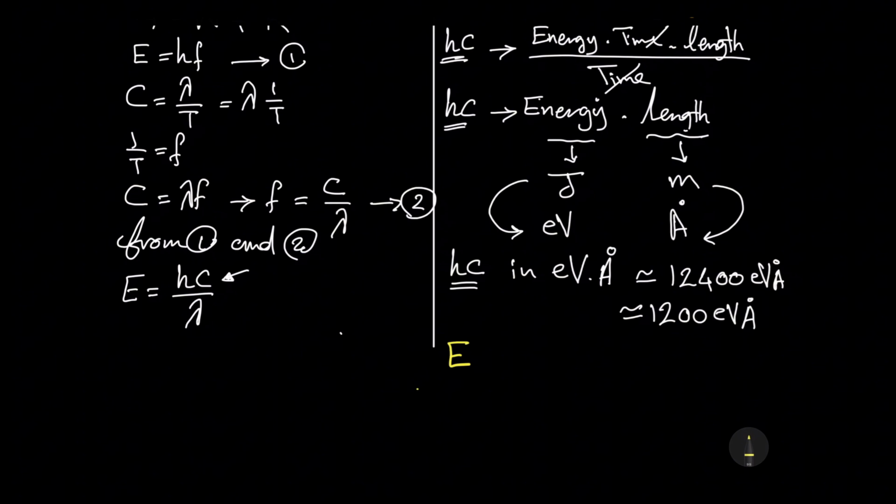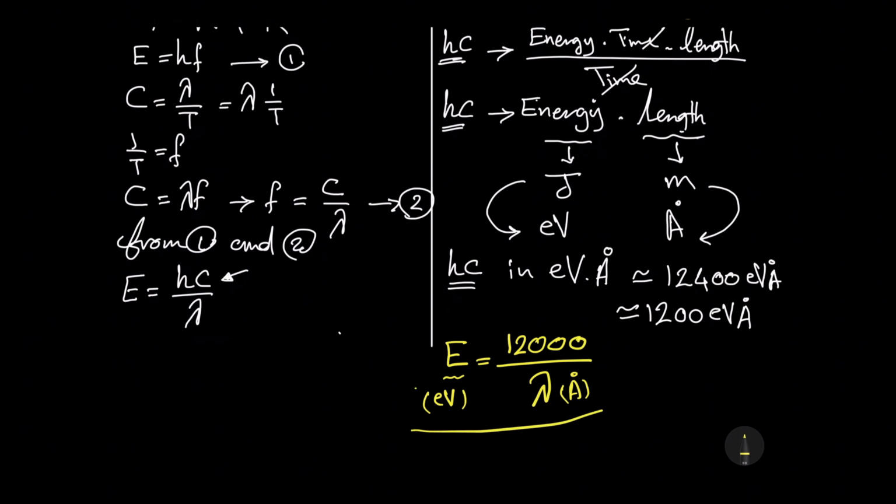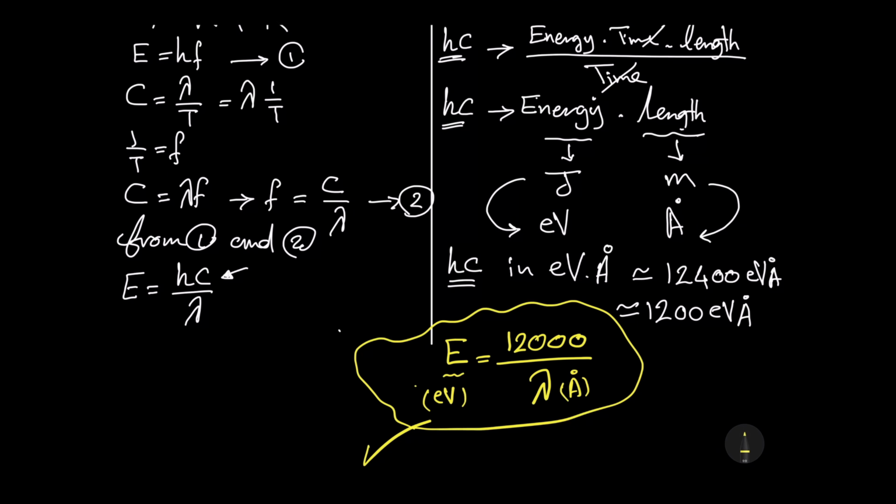The energy of the incident or absorbed photon can be expressed as approximately 12,400 divided by the length. Here the energy of the incident or absorbed photon will be in electron volt, and the wavelength will be in angstrom. This last equation can be used to find the energy in terms of the wavelength and vice versa.